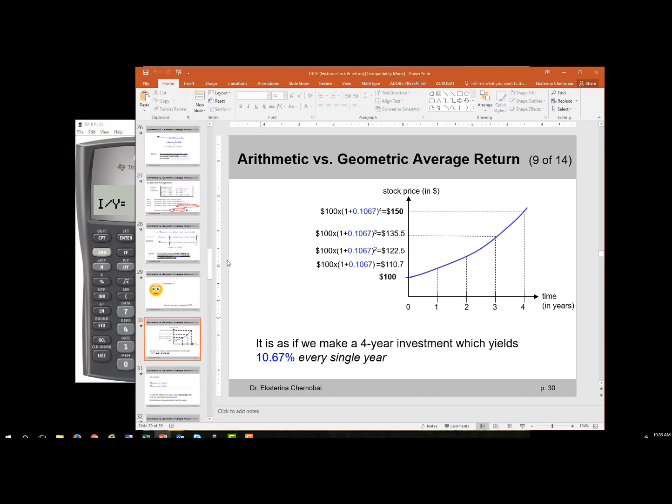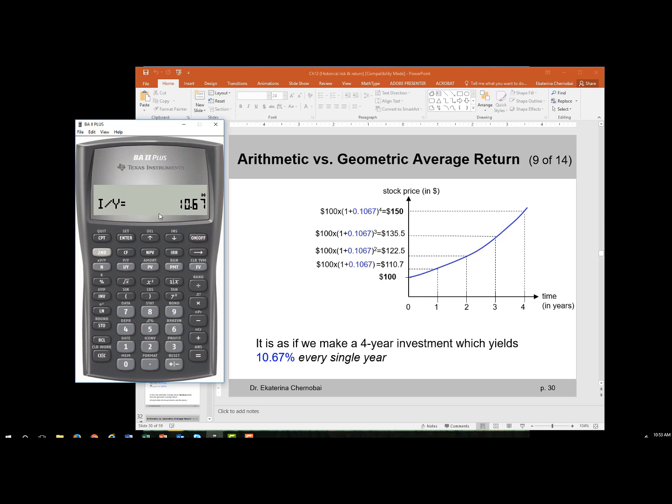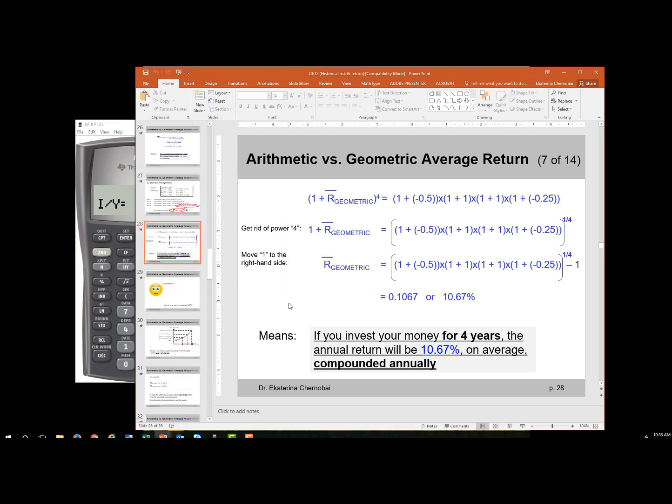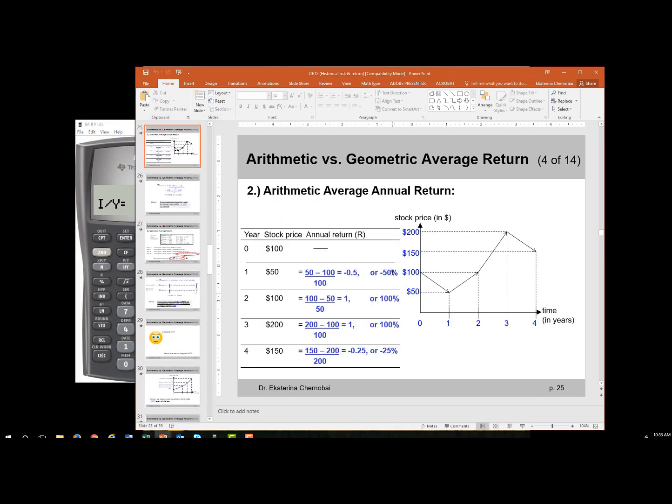There's another way. So the good thing is, yeah, you can use this trick in the financial calculator, but the bad thing is usually you're not given the dollar amounts which you can use for PV, FV, and then compute the IY. Usually you are given the returns.